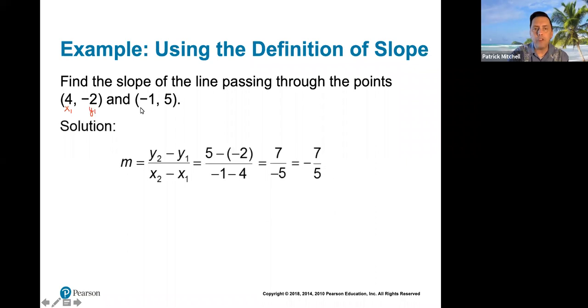It doesn't matter which point is (x1, y1) and which is (x2, y2), as long as you don't pair x2 with y1 or x1 with y2. If you do that, you get (5 minus -2) divided by (-1 minus 4), which comes out to 7 over -5, or -7/5.